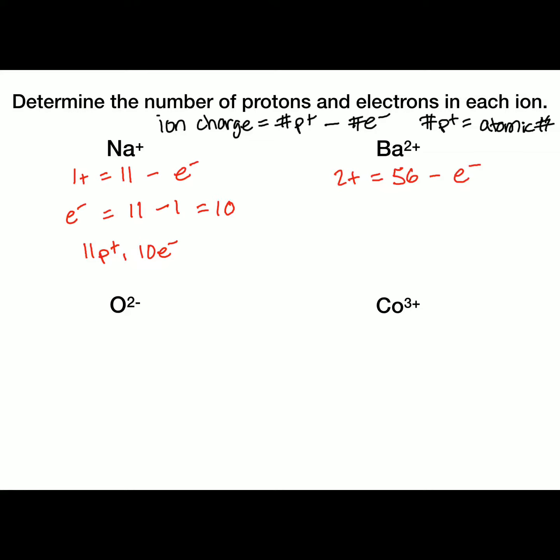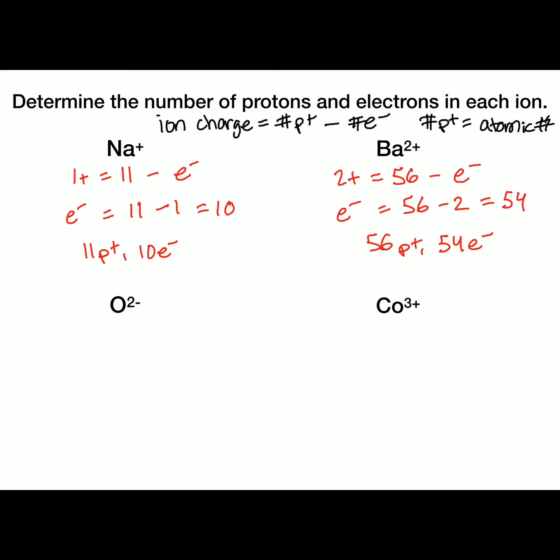So if we rearrange this equation, we get the electrons is equal to 56 minus 2, which is equal to 54. So our final answer is that the barium 2 plus ion contains 56 protons and 54 electrons.